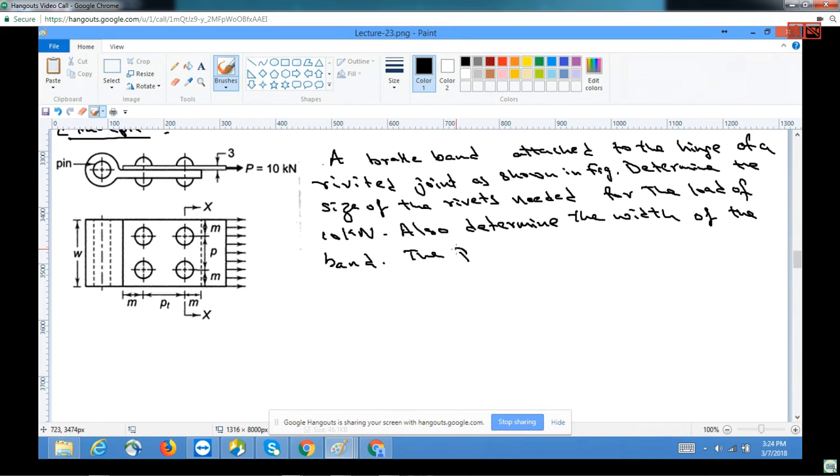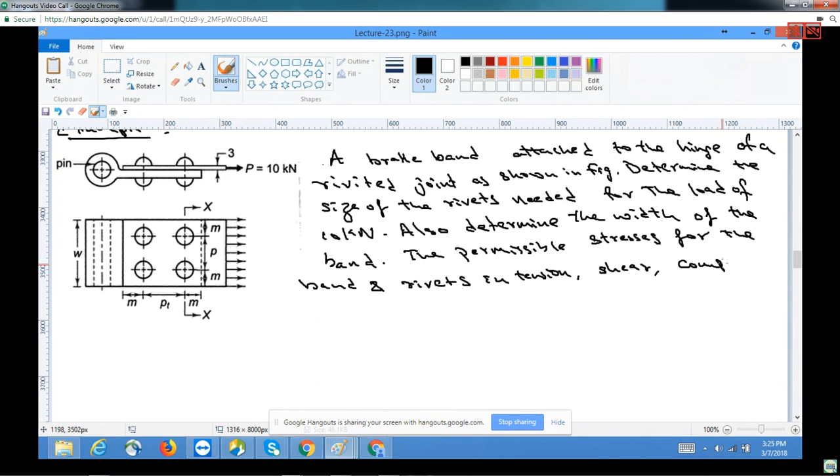when the permissible stresses for the band and rivets in tension, shear, and compression are 80, 60, and 120 Newton per mm square, respectively.